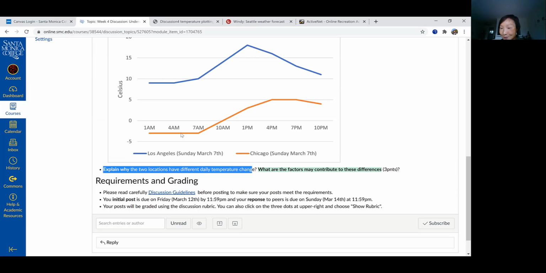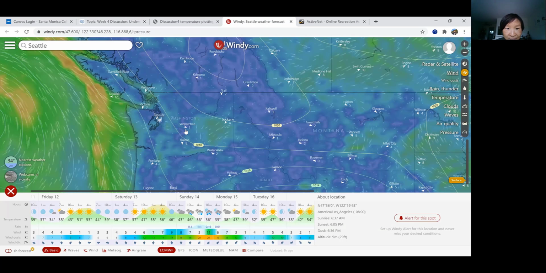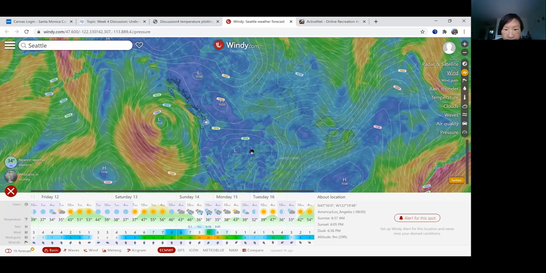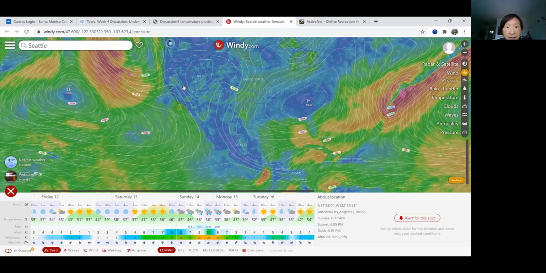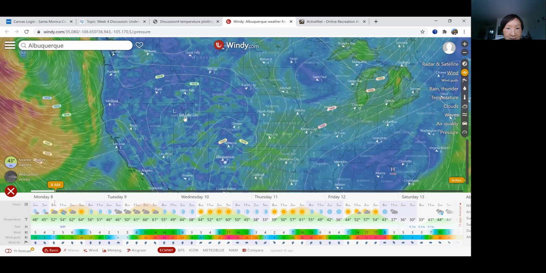What makes those things different? You may see other things. For example, we have a storm in a certain place, and that will suddenly decrease your temperature. So let's see where we have a low temperature. Let me find one. Let's see, Salt Lake City.